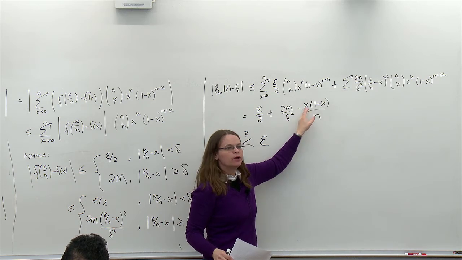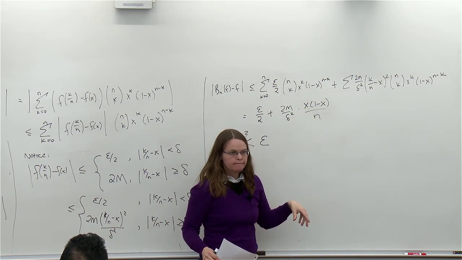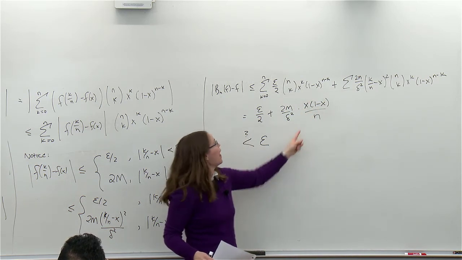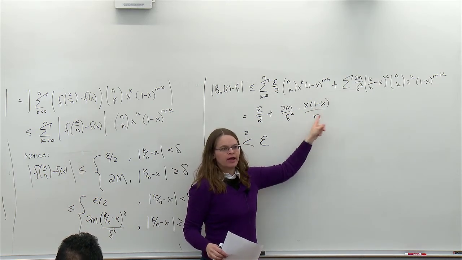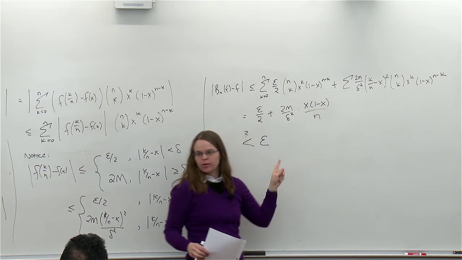x is bounded by 1, and 1 minus x is bounded by 1, so those are bounded. n is the thing I have freedom over. I can take as high degree a polynomial as I want to.